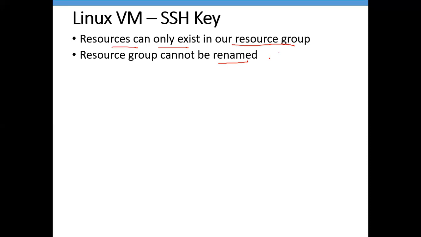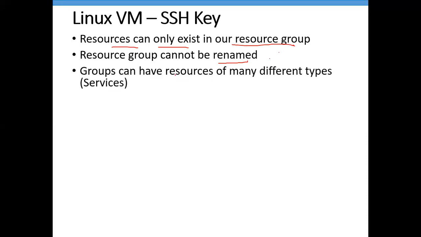We can't change the name of our resource group. A group can have resources of many different types. It means I can create a virtual machine, I can create a Docker service, I can create a Kubernetes service, and I can create a virtual network under a resource group. Different types of services we can create in our resource group.